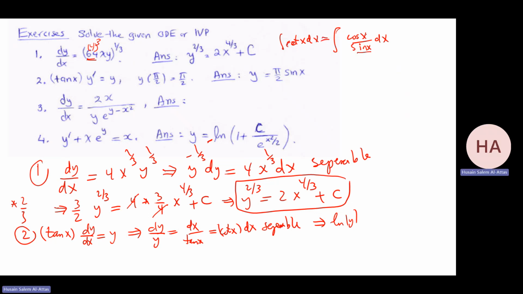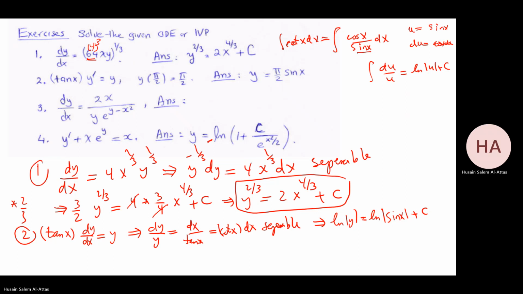This is u. u is sine. du is cosine x dx. So I have the integral of du over u, which is ln of u plus c, which will be sine. So that will be ln sine x plus c.